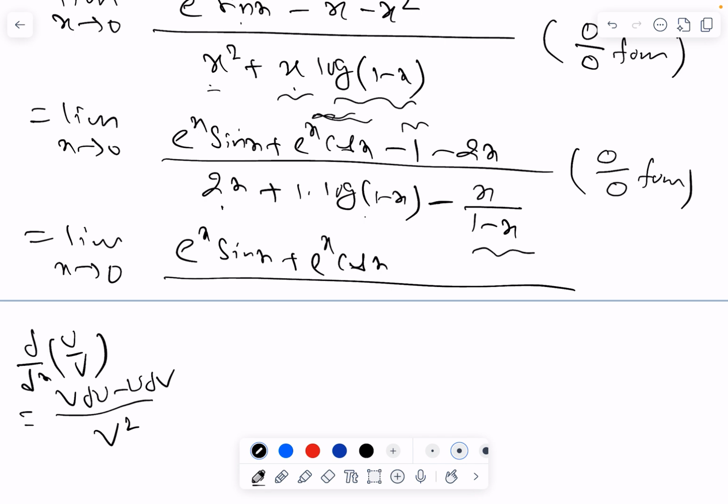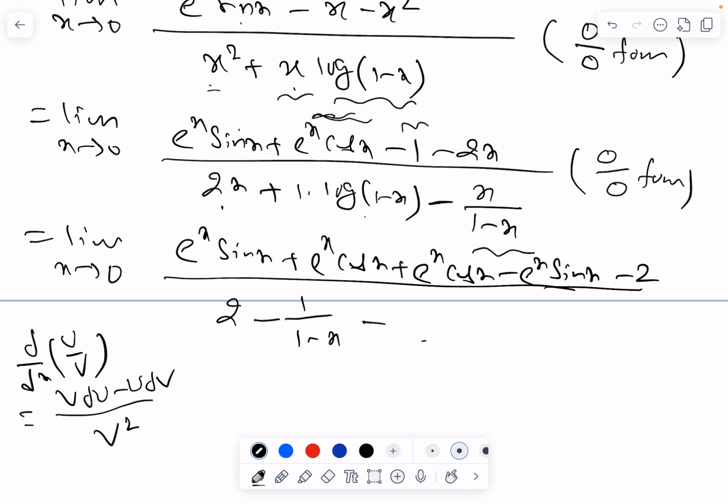Then e power x cos x. Derivative of cosine x is minus sin x. So minus e power x sin x. And derivative of minus 2x is 2. Here derivative of 2x is 2. Log 1 minus x, it is 1 over 1 minus x, and derivative of 1 minus x is minus.